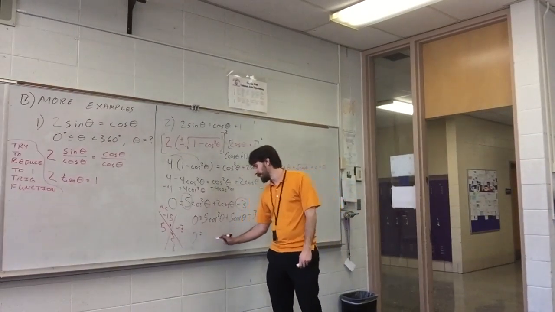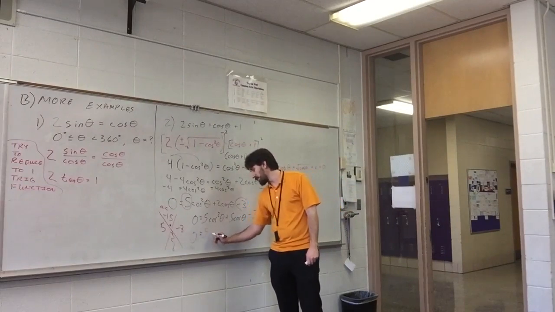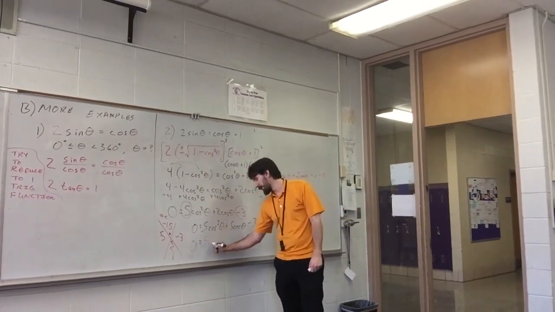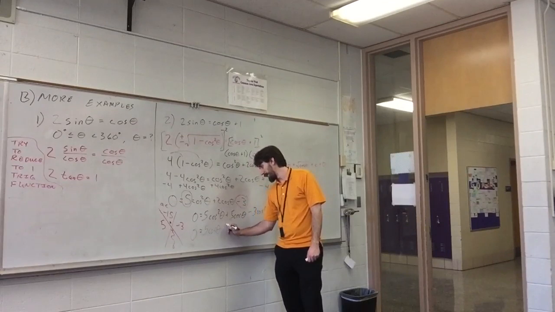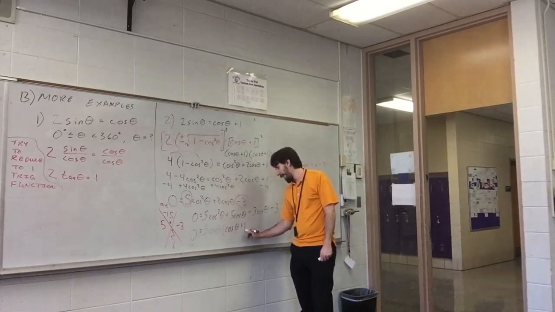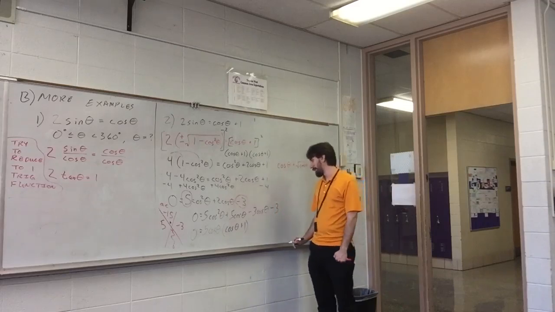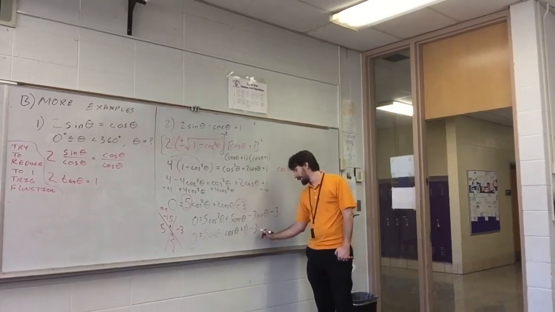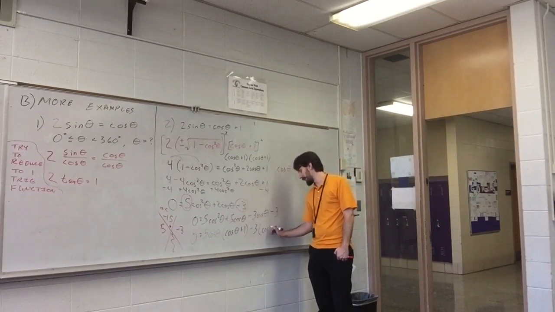That's lame. All right, what do these have in common? 5 cosine of theta, and that would leave me with cosine of theta plus 1. These have in common negative 3. That leaves me with cosine of theta plus 1.